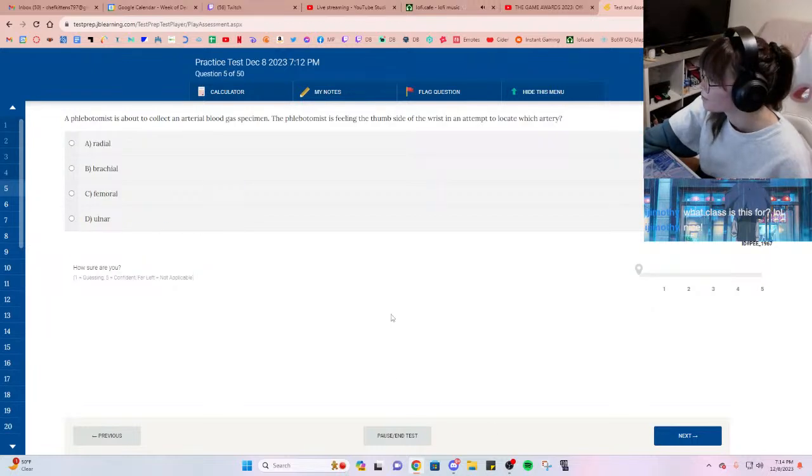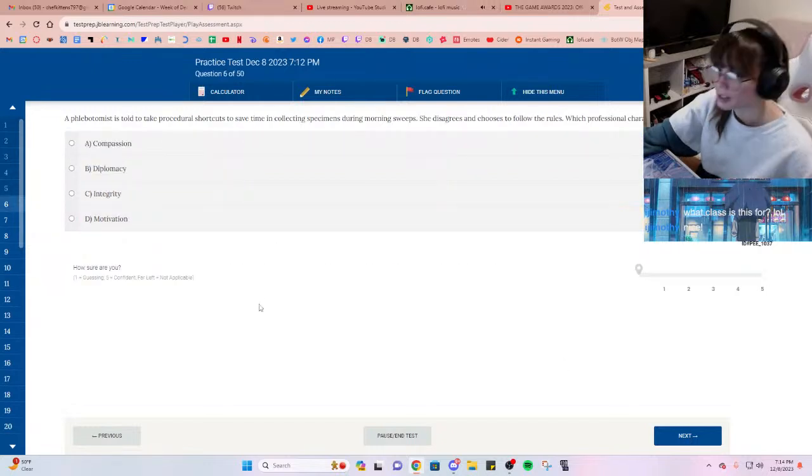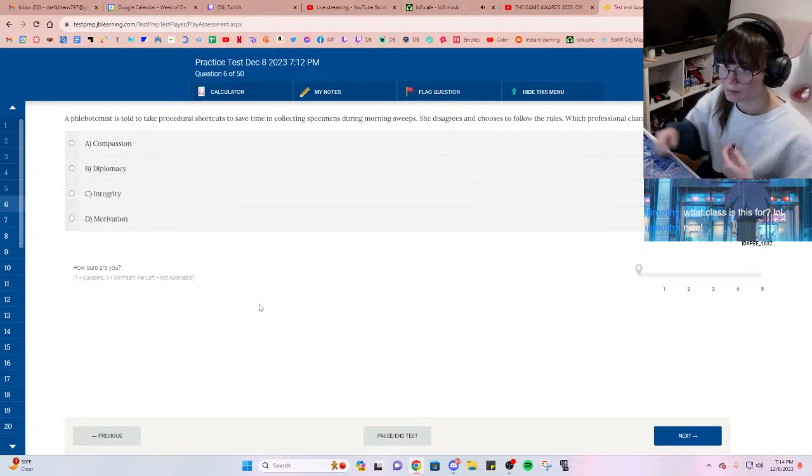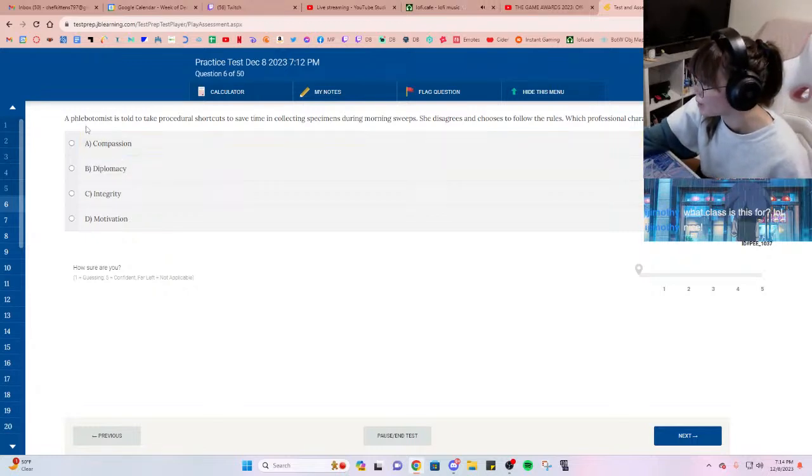A phlebotomist is about to collect an arterial blood gas specimen. The phlebotomist is feeling the thumb side of the wrist in an attempt to locate which artery? The radial artery. The other side is the ulnar artery. But you never poke that one. A phlebotomist is told to take procedural shortcuts to save time in collecting specimens during morning sweeps.